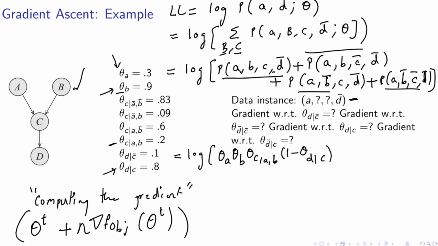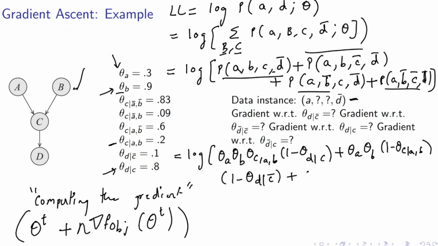Agree? Similarly, I can compute the second quantity, which is theta of A again, theta of B, 1 minus theta of C given A comma B, because we have C bar, times 1 minus theta of D given C bar, because we needed D bar given C bar.